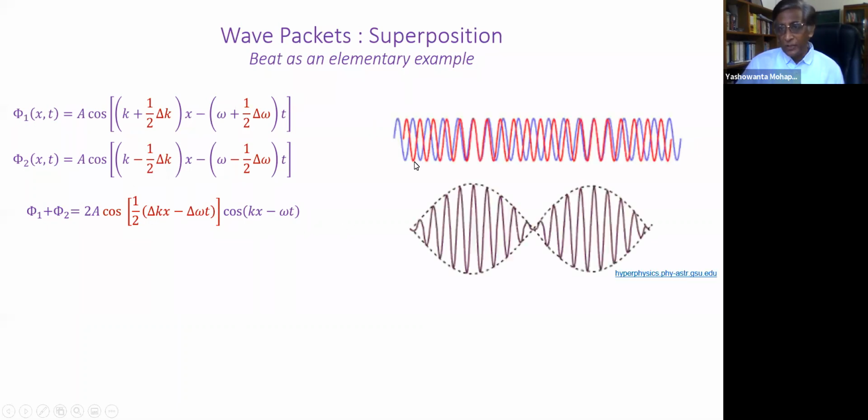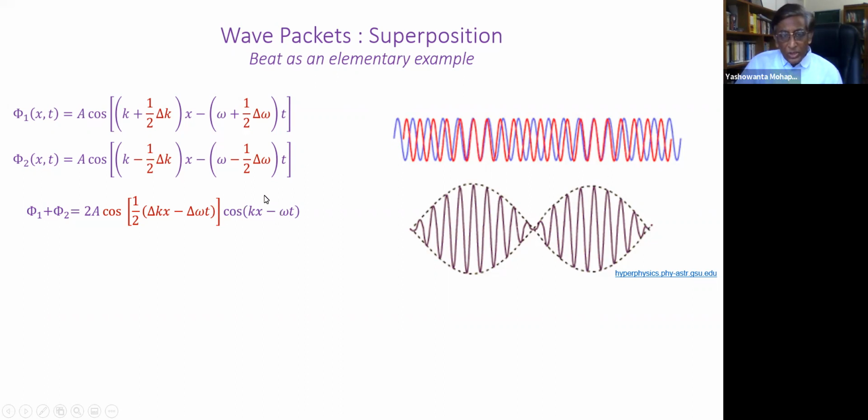Let's see it in a figure. Suppose this is the blue one and the red one is slightly off by half delta k and half delta omega. You can see that when they peak, for example here, they are on top of each other. And here, they cancel each other completely. Blue and red completely cancel and it is zero.